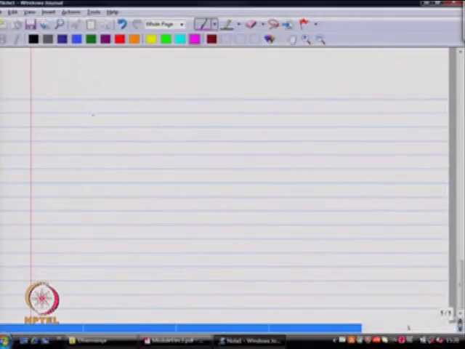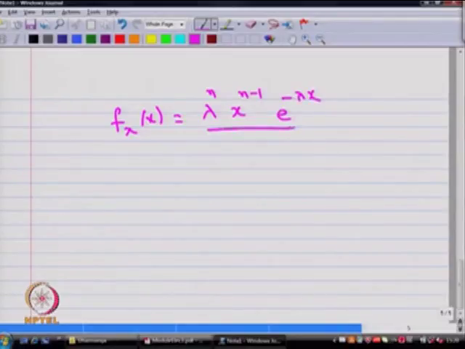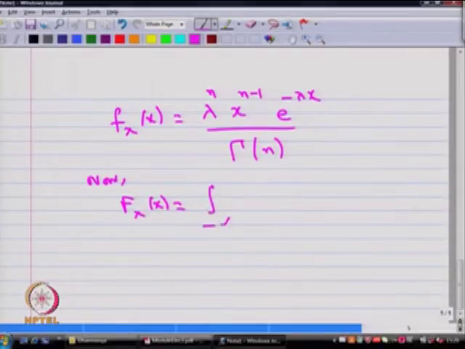We know that the probability density function of the gamma distribution is lambda power n x power n minus 1 e power minus lambda x divided by gamma of n. Since n is a positive integer, gamma of n is n minus 1 factorial. Now, we can find out the CDF of this random variable, that is nothing but the integral from minus infinity to x of the probability density function.